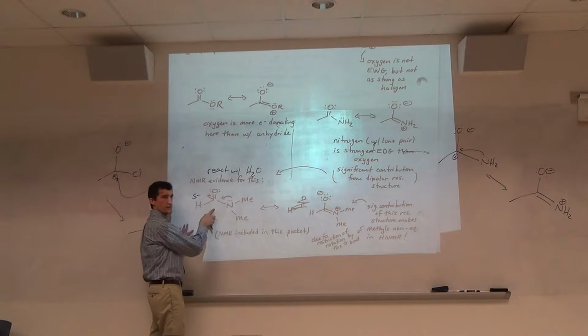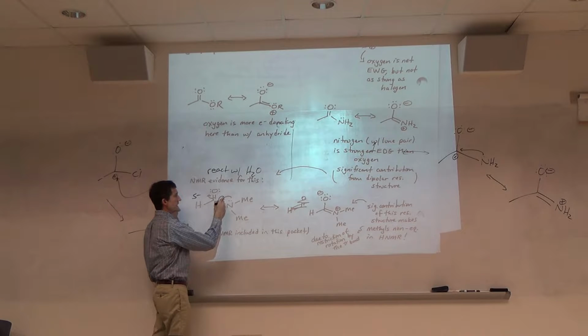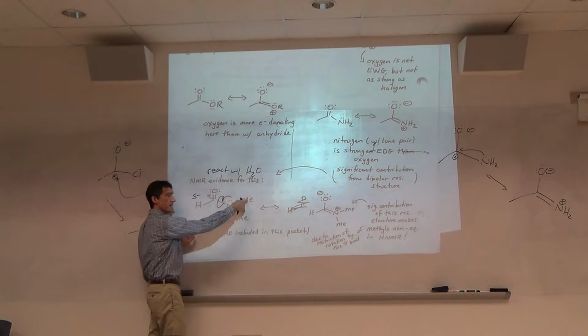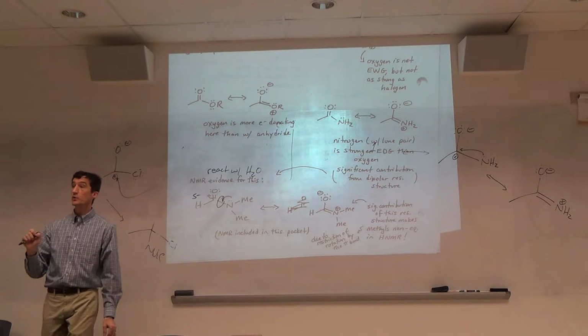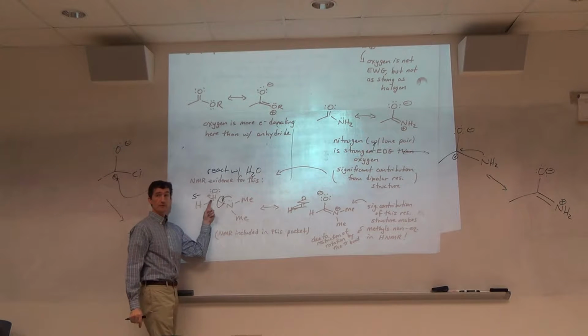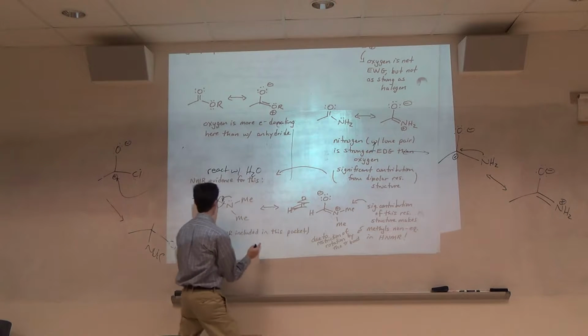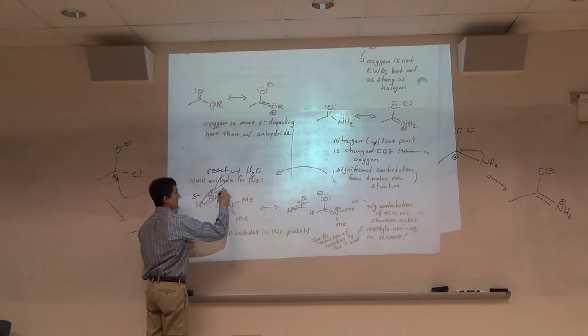If this is the true structure and it's like this, and this is a single bond, you should have free rotation. Free rotation should make these equivalent, just like in an isopropyl group. But do you really have free rotation here? Is it really just a single bond? No. We really have pi overlap. Isn't there a p orbital here and a p orbital here?